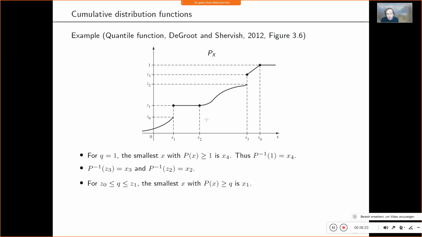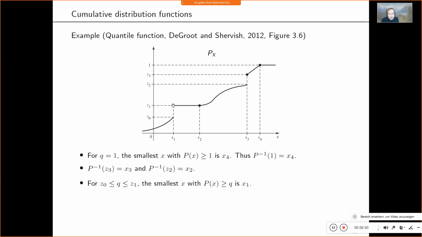Now, if you consider an interval here, z0 to z1, and you ask about what is the smallest x such that the CDF is larger than q in this interval, you see that it's x1.